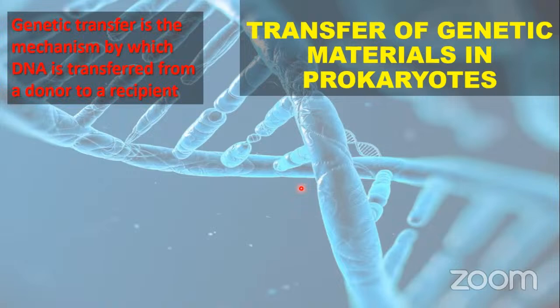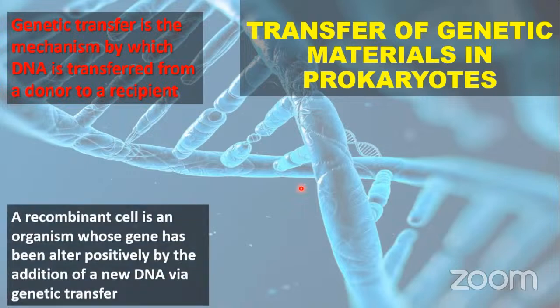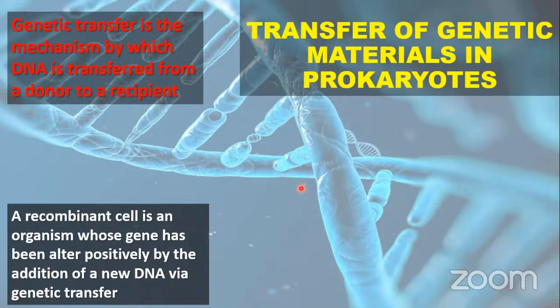Once the donor transfers the genes to the recipient, the recipient becomes a recombinant cell. So a recombinant cell is an organism whose gene has been altered positively by the addition of new DNA via genetic transfer.